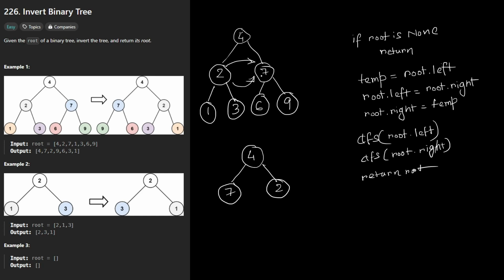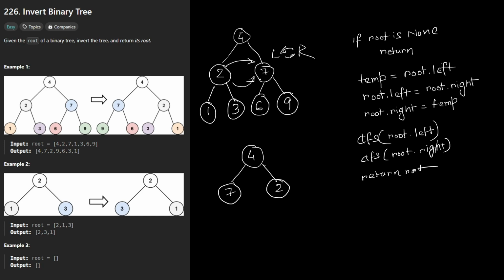Now I'm going to traverse the 7 element, and from 7, again, left would be swapped to right.